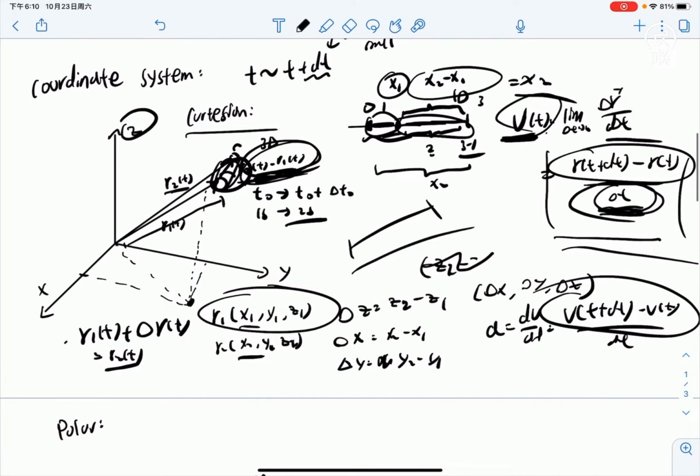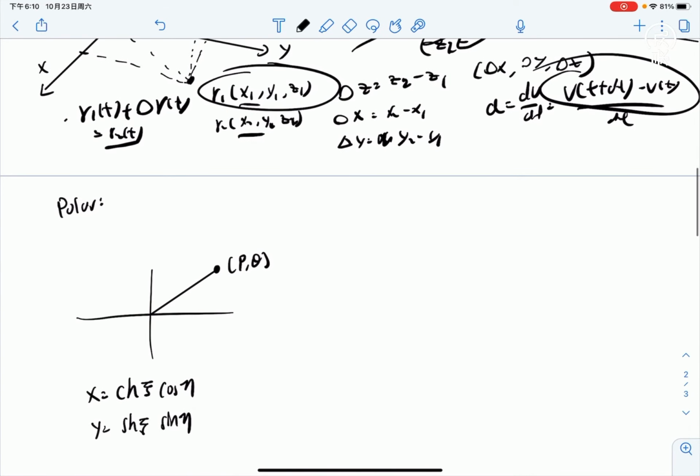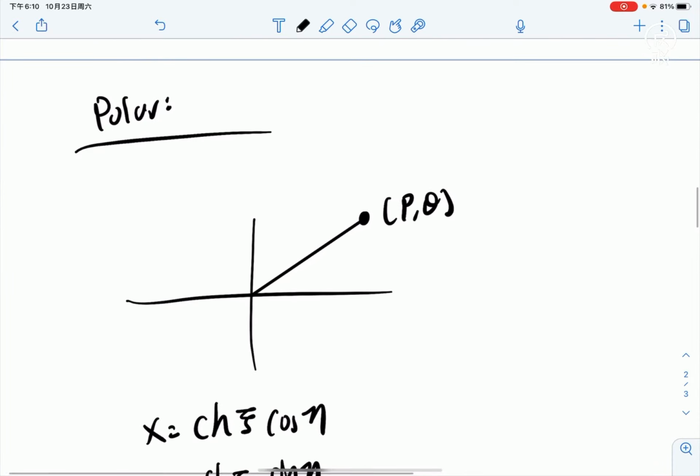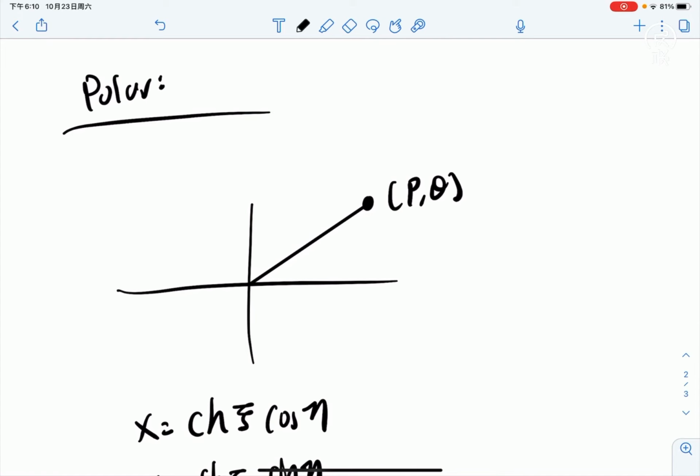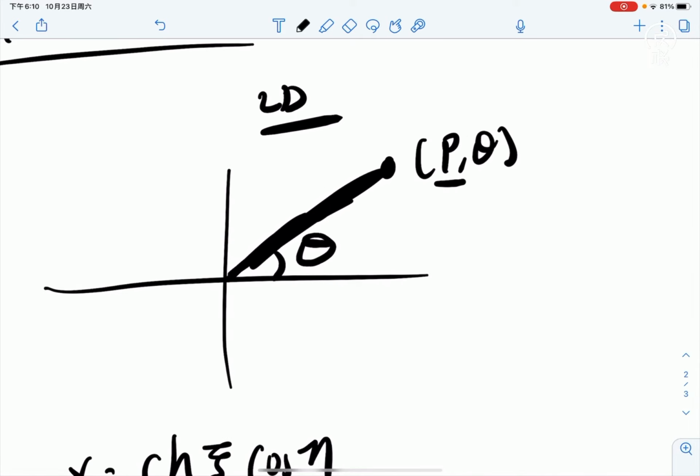Okay, now we're going to move on to polar coordinates. For this kind of coordinate, we describe the points, like this is 2D, by the length of the stick and the angle between the x-axis and this stick.